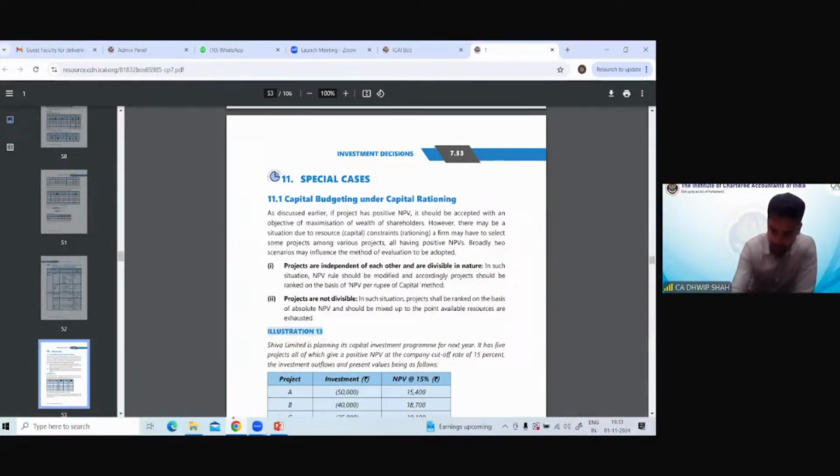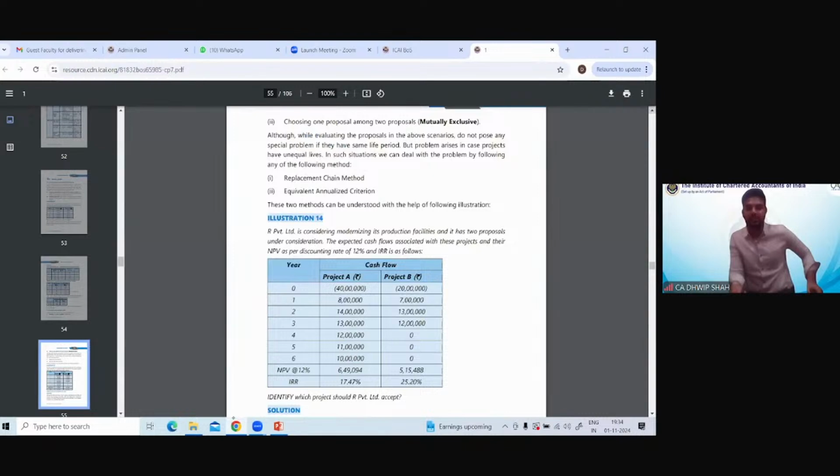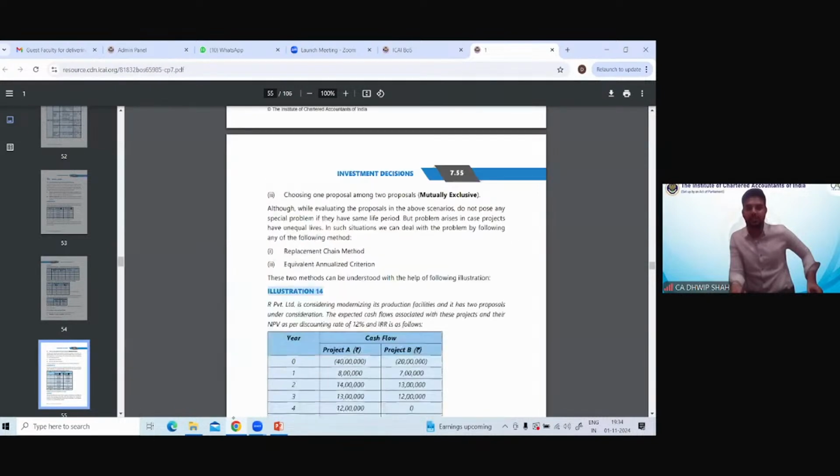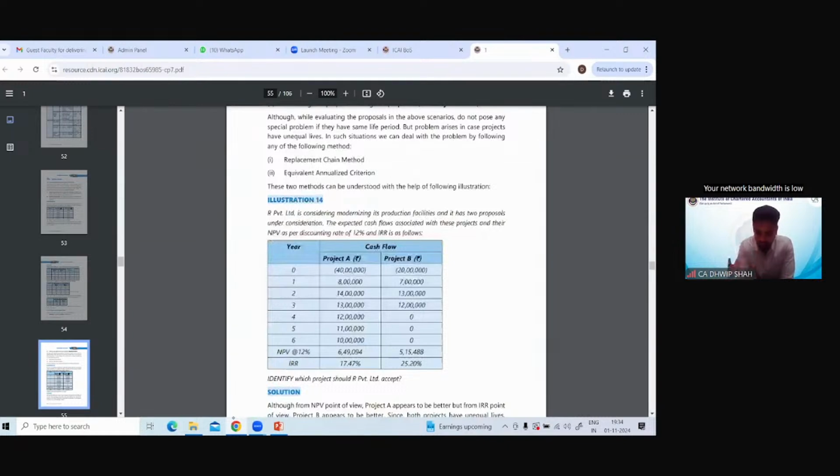So for replacement chain methods, there are two methods to solve the problem of unequal life. Replacement chain method means repeating the project again and again. Under illustration 4, life of project A is 6 years and life of project B is 3 years.